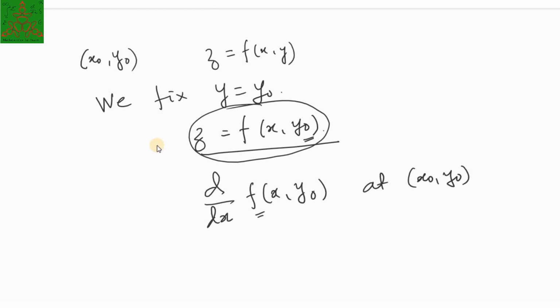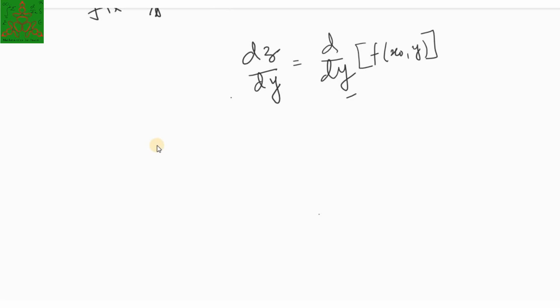Similarly, if I fix x equal to x0, then z is equal to f of x0, y, a function of only one variable y, and then I will talk about dz by dy, that is d by dy of f of x0, y.